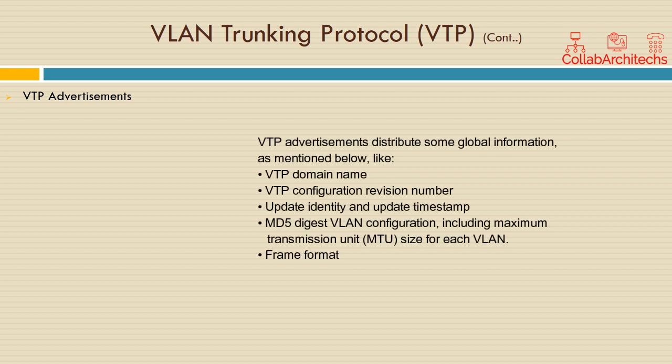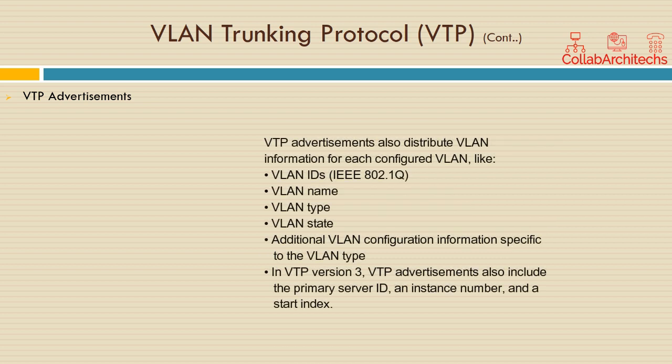VTP advertisements distribute some global information like VTP domain name, VTP configuration revision number, update identity and update timestamp, MD5 digest, VLAN configuration, including maximum transmission unit (MTU) size for each VLAN, and frame format.